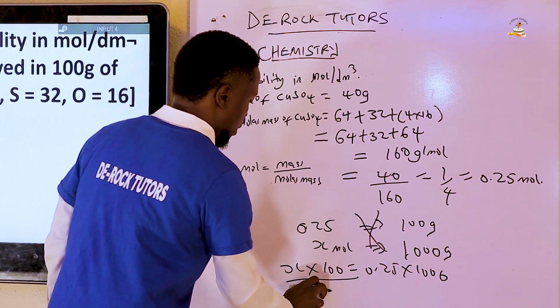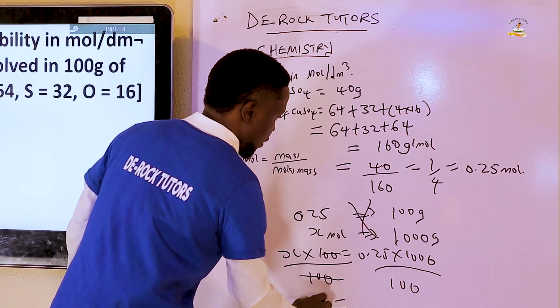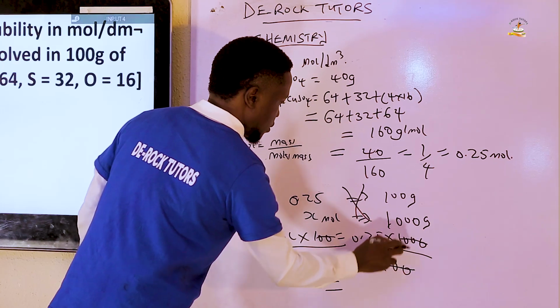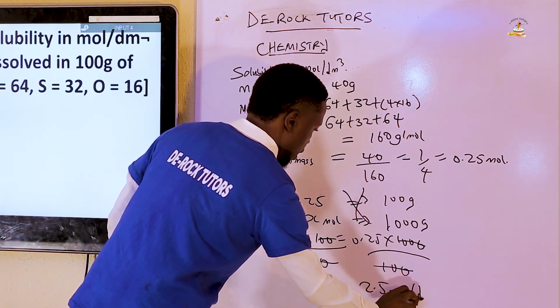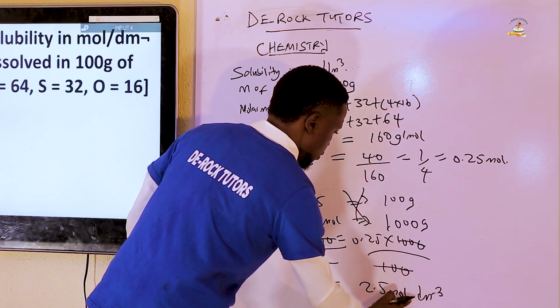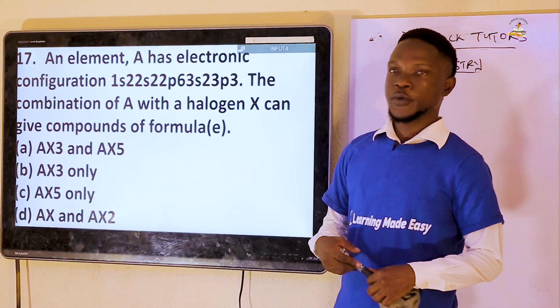So we divide both sides by 100. That will give us 2.5 mole per dm cube. So the answer is 2.5 mole per dm cube. That is option D.